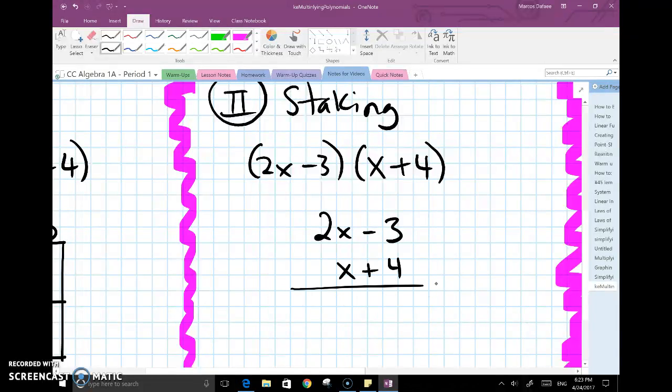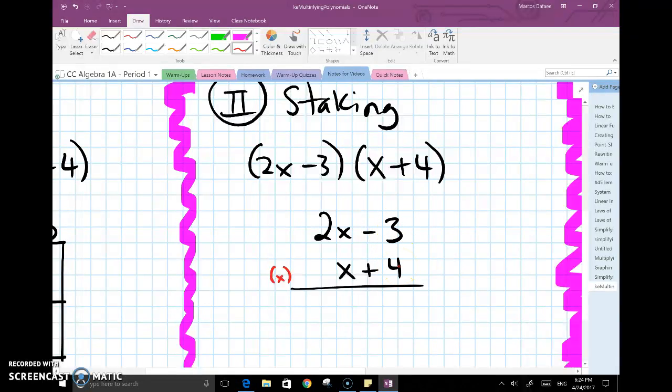I draw a line to show that I'm about to multiply them. And then, if I want, I can put a little x here to remind myself that I am not actually adding or subtracting, I am indeed multiplying. It's easy to confuse because it looks like you could easily add these like terms going down. You don't want to do it that way.